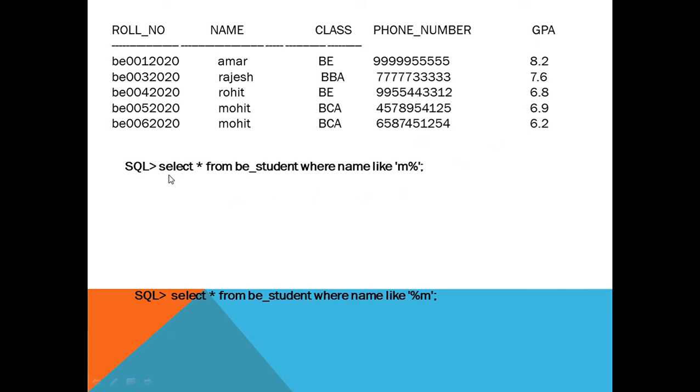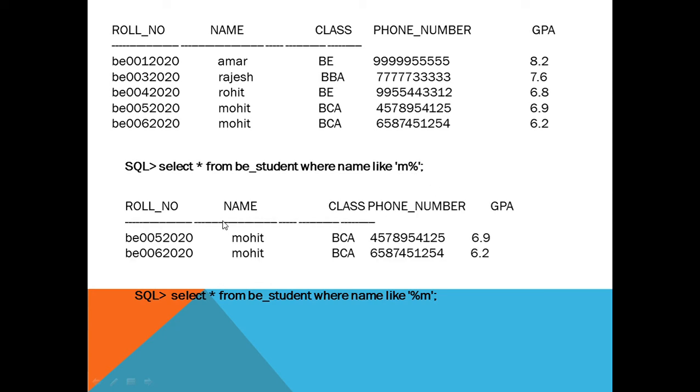Suppose I write select asterisk from B student where name like M%. Here I am writing the LIKE clause using M%. So it will give me a result: the roll number is B005 2020, name is Mohit, class is BCA.